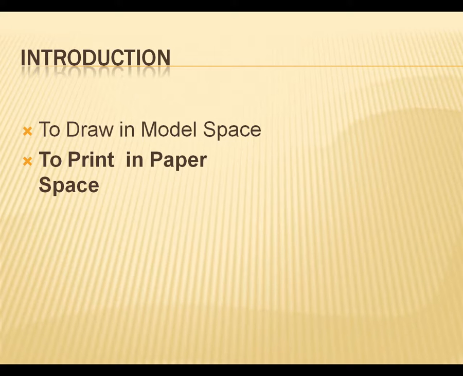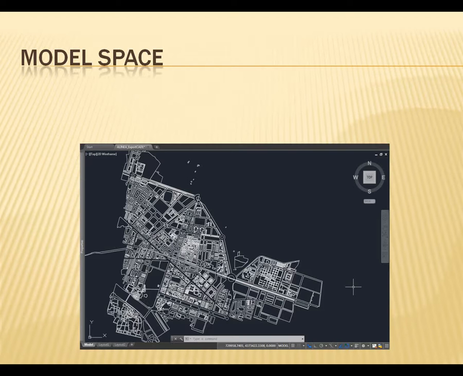So paper space is mainly designed to print the work that you have done previously in the model space. But you can also print in the model space. The thing is that in the model space you have a way of printing, but it's less powerful and versatile. So I recommend you to use paper space when you want to print.